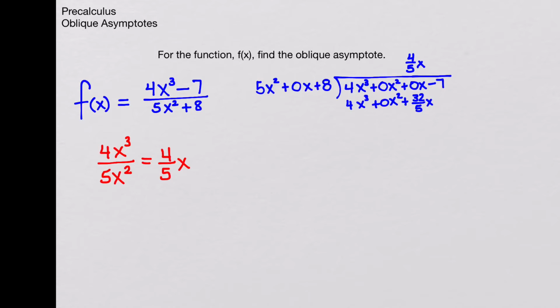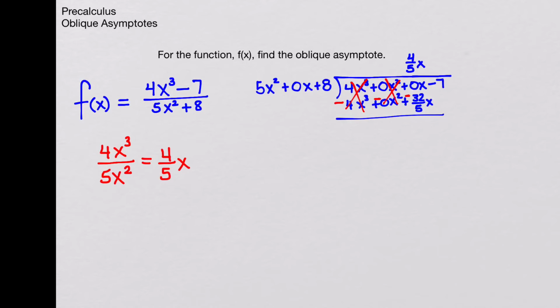So at this point, I'm ready to subtract. So I'm going to change the sign of each of my terms, and in this case they were all positive, so I changed them all to negative. 4x cubed minus 4x cubed, these just cancel out, so I can just lose that. And 0x squared minus 0x squared, that just cancels out.